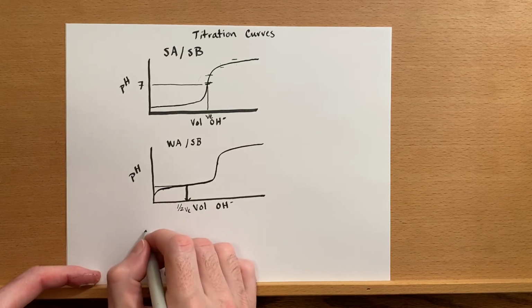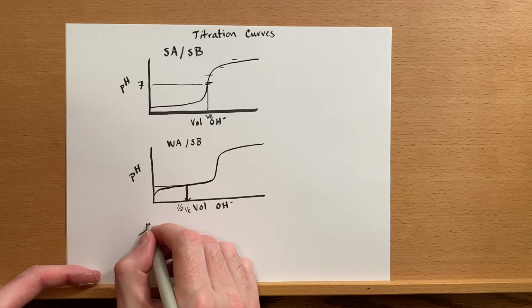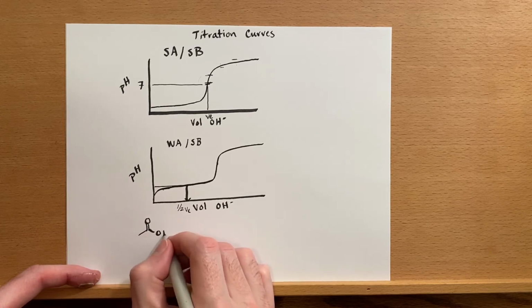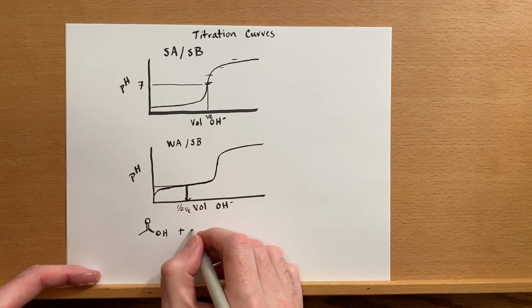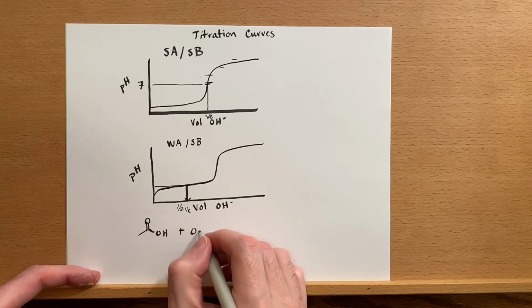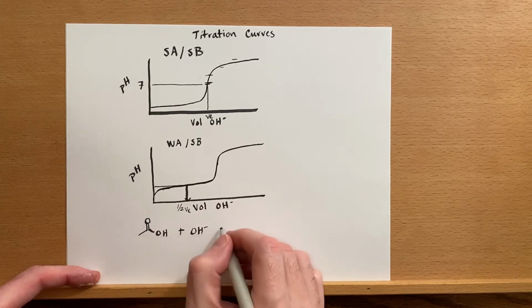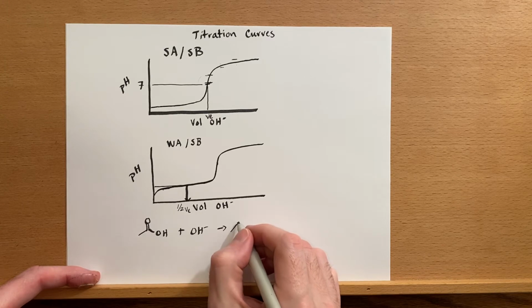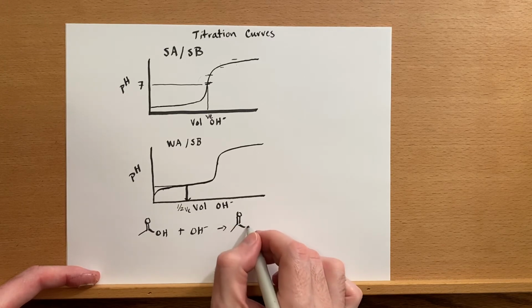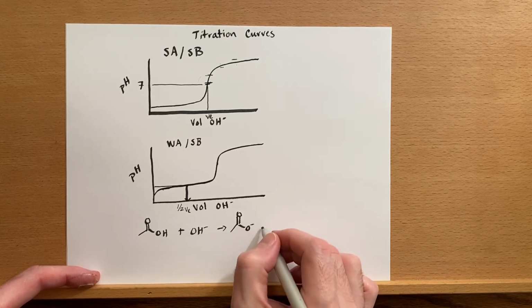We have acetic acid plus NaOH, but we'll just write the net ionic equation, so OH minus, and that will go to the acetate ion and water.